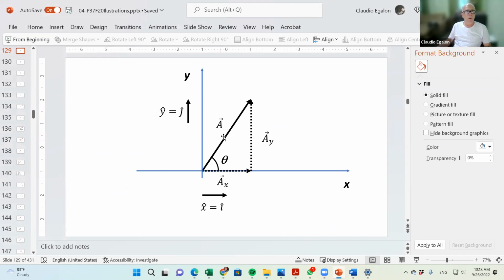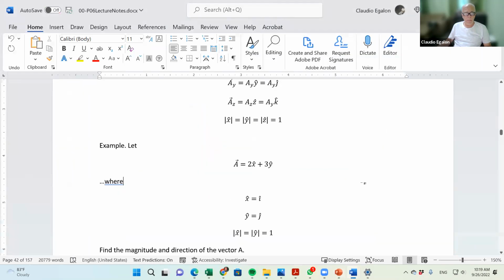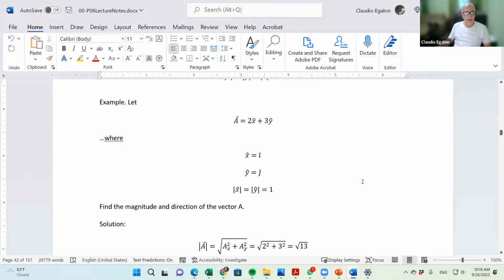I want to know what's the magnitude of the resulting vector A. The magnitude of the resulting vector A should be the length of this vector A. If the vector is 2 units along this direction and 3 units along this direction, you can find the length of this vector by using the Pythagorean theorem. Can you picture that?